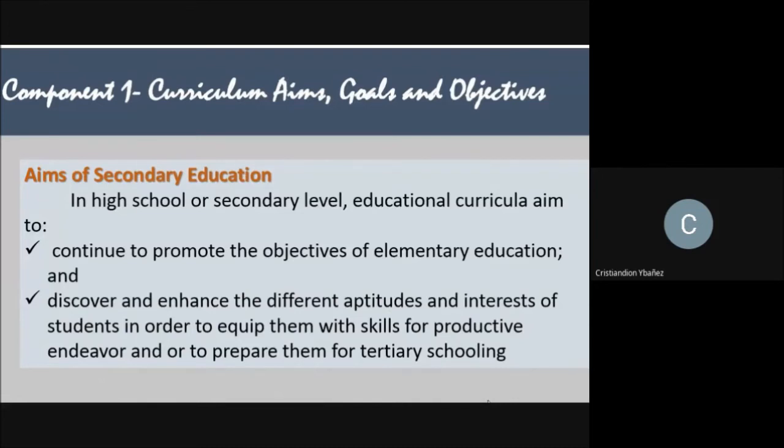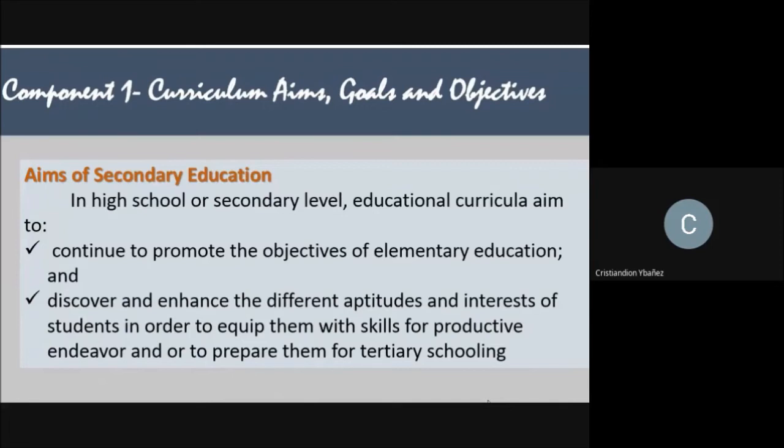Since we are focusing on the language curriculum for secondary schools, allow me to present to you the aims of the secondary education in the Philippines based on the 1987 Constitution.